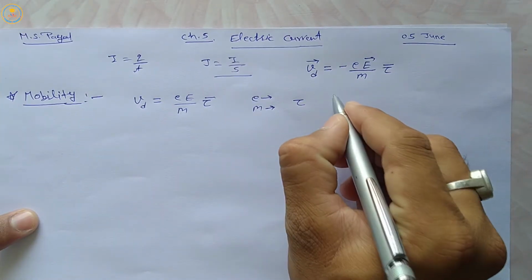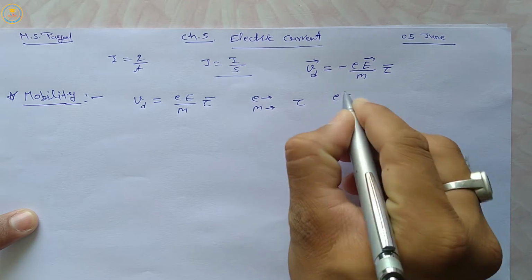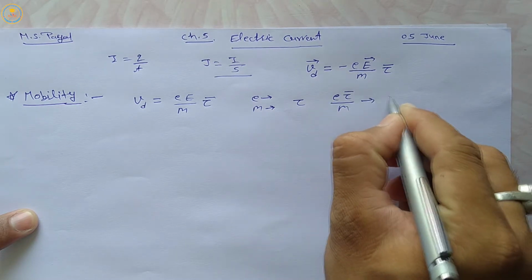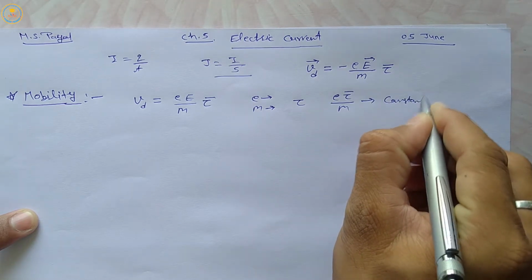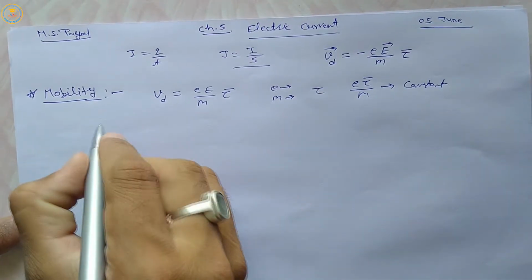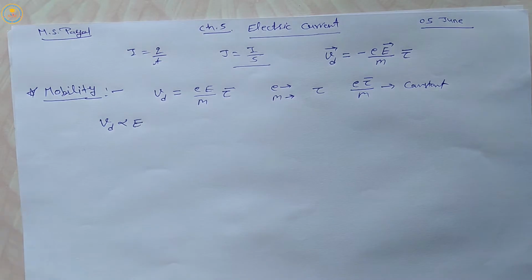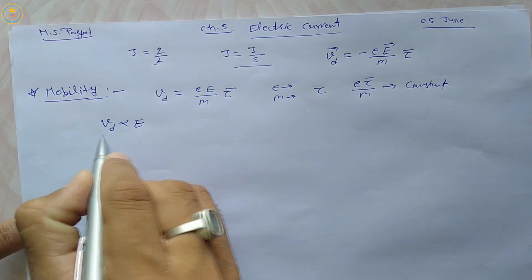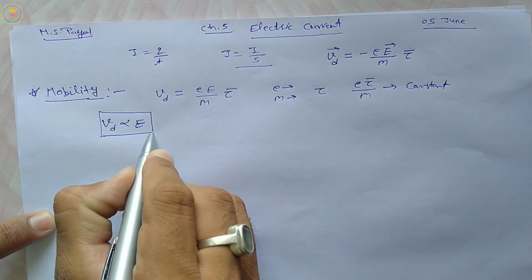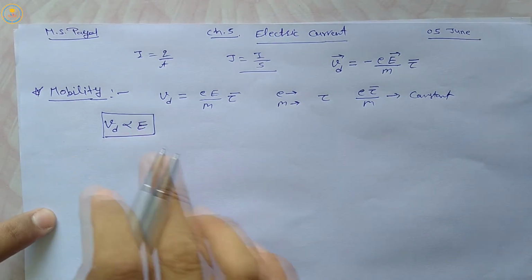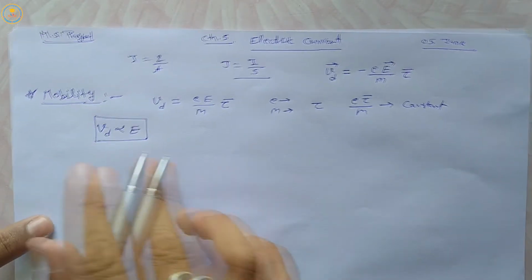So we can say the term e tau bar upon m is a constant quantity. So from this equation we can write Vd is directly proportional to E. So we can say drift velocity is directly proportional to the applied electric field. Okay, this is a relation between drift velocity and electric field.